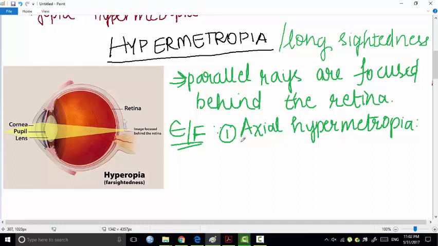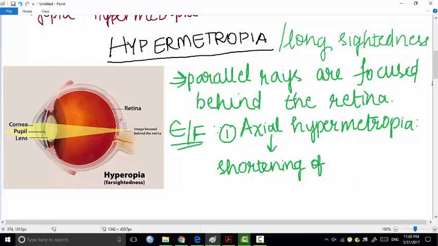In axial hypermetropia there is shortening of the anterior posterior diameter.